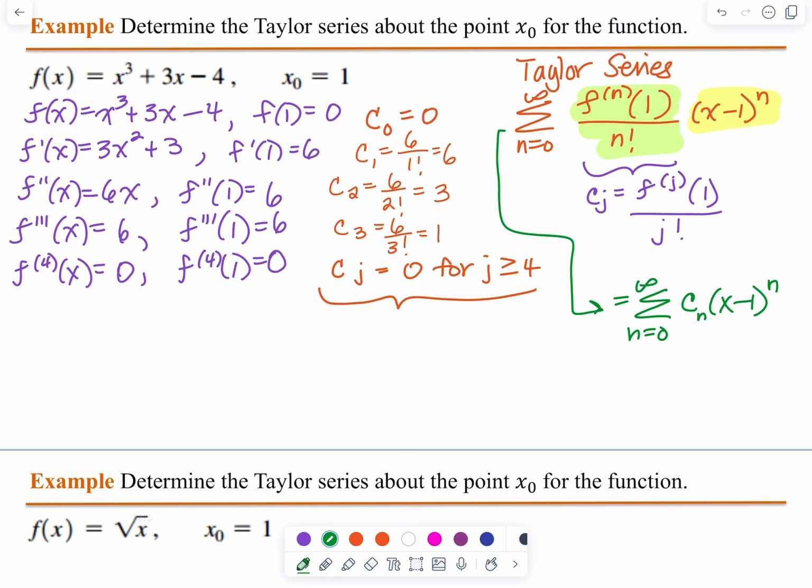So that's equal to 6 multiplied by x minus 1 plus 3 multiplied by x minus 1 squared plus x minus 1 cubed.